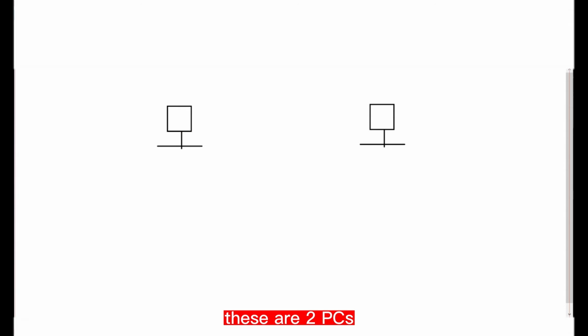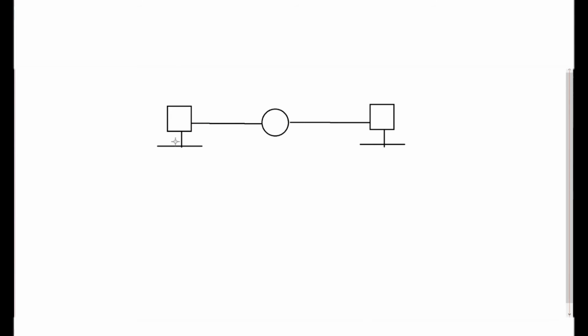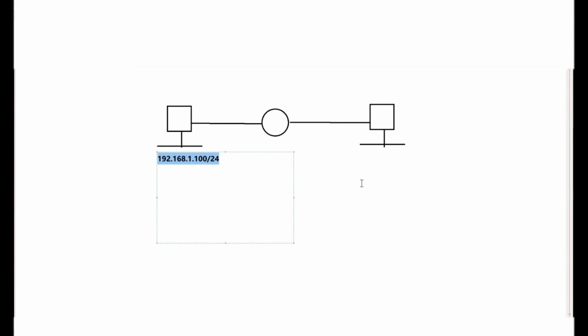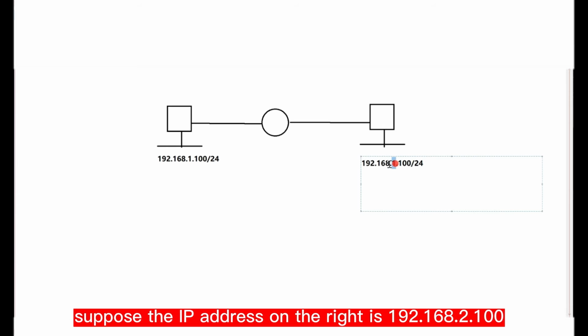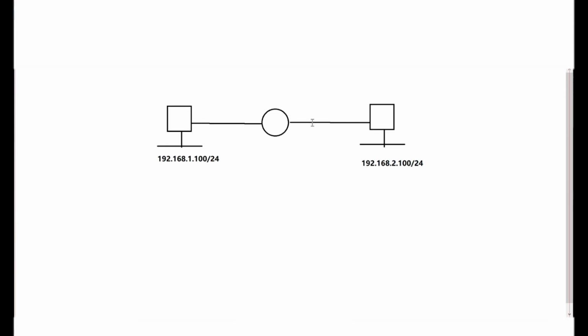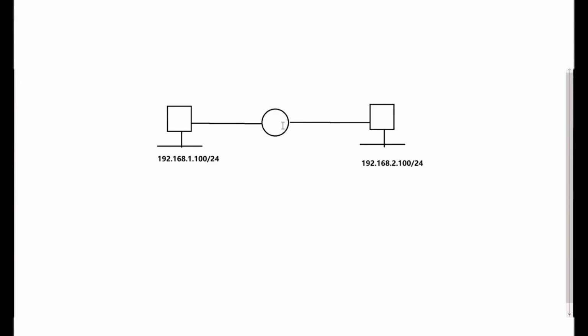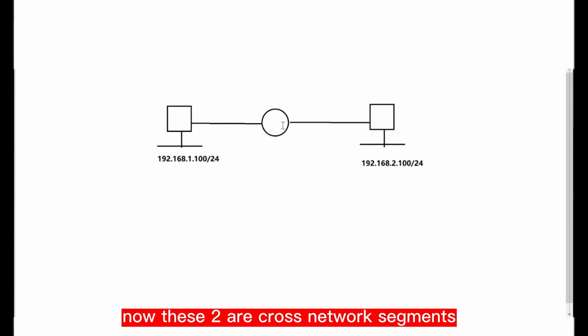These are two PCs. In the middle is a router. The PC on the left, give it an address, for example 192.168.1.100, 24-bit mask. This is the 1.0 network segment. Suppose the IP address on the right is 192.168.2.100, 24-bit mask. It is the 2.0 network segment. Now these two are across network segments.